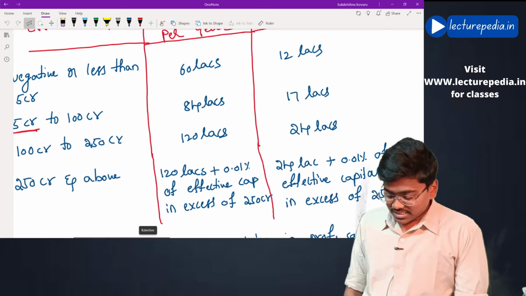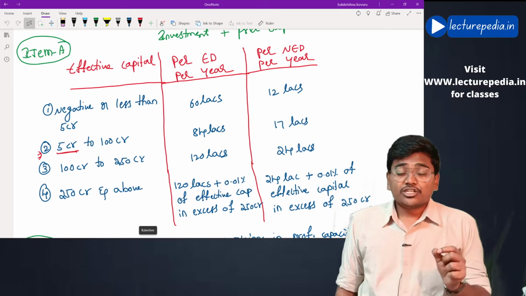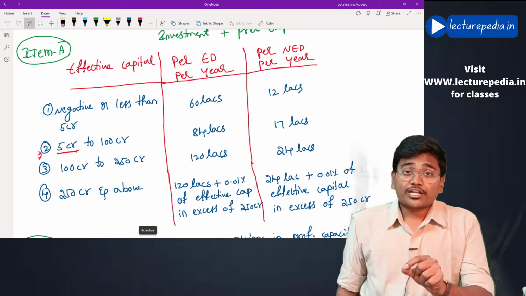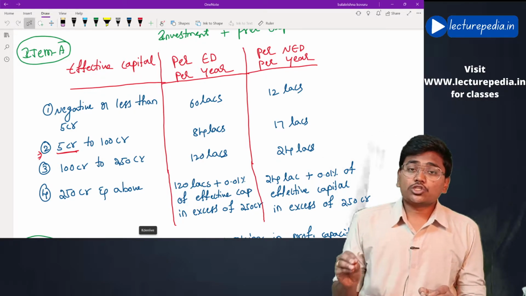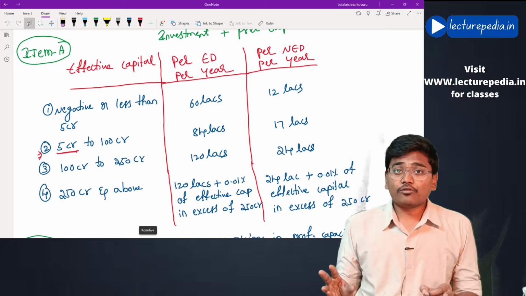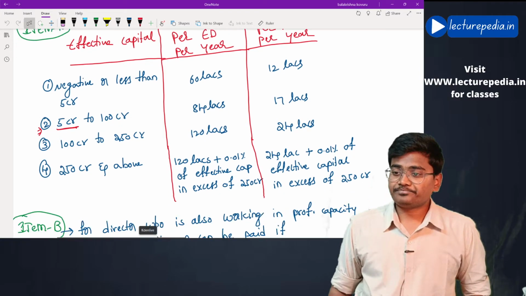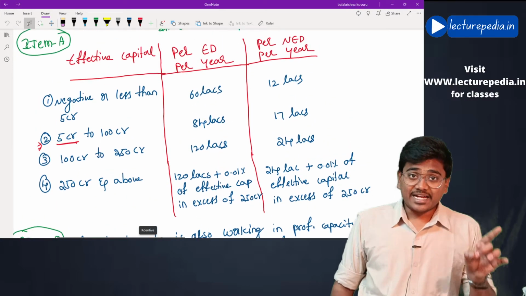These are the limits that are prescribed under Schedule 5 for remuneration in case the company is not having adequate profits or the company is having losses. Next, that is item A.